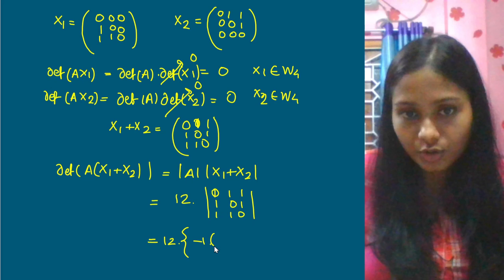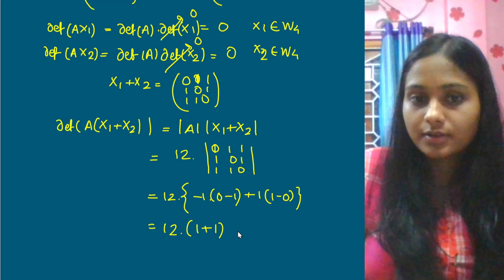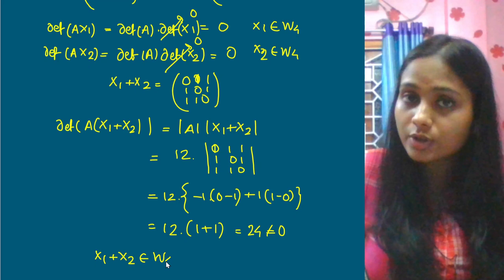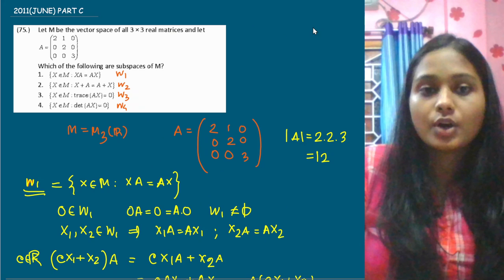So this is 12 into 1 plus 1, that is 24. So this is non-zero. So clearly x1 plus x2 does not belong to W4. Okay, so W4 is not a subspace of M. So option 4 is the false option. So here the correct options are option 1, 2 and 3.